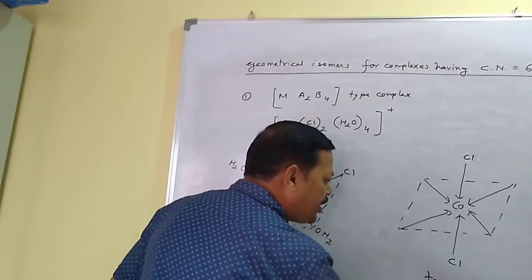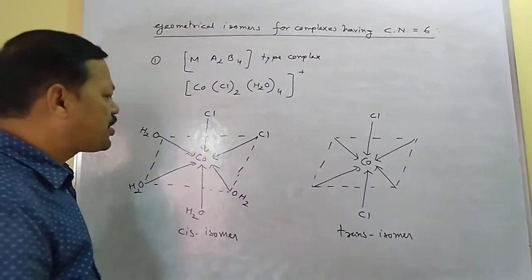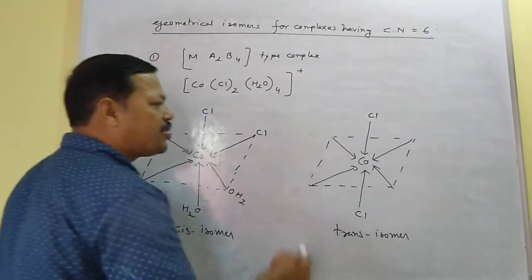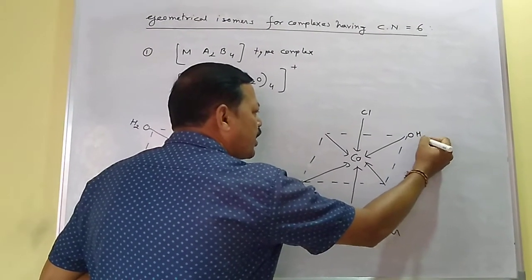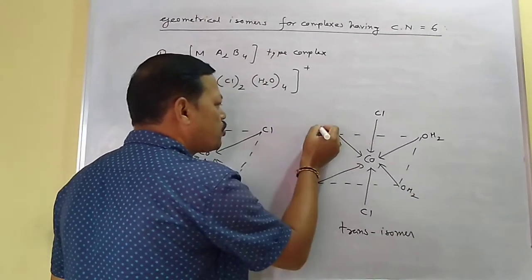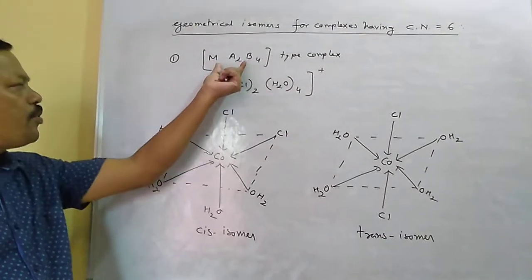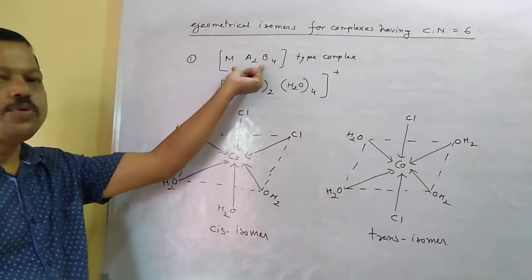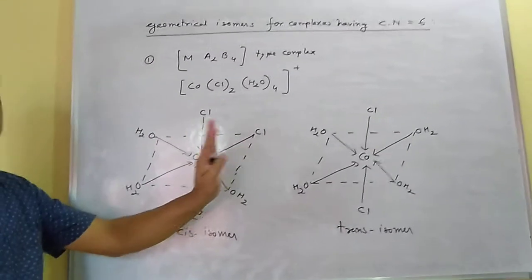So in case of octahedral complexes, complexes having coordination number 6, you have to draw cis and trans this way, and the 4 water ligands should be here, H2O, H2O, H2O, H2O. If this type of complexes are mentioned, you have to draw cis and trans like this.